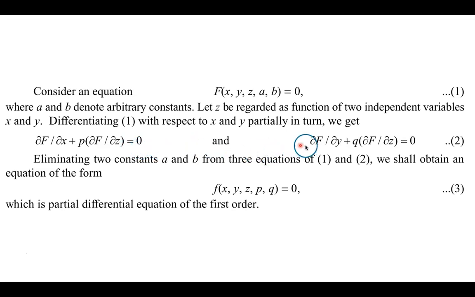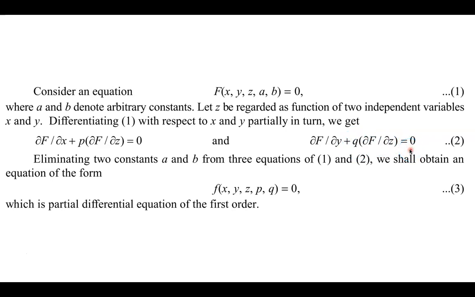Similarly, when we differentiate the relation 1 with respect to y partially, we will be getting ∂f/∂y plus ∂f/∂z into ∂z/∂y, where ∂z/∂y is denoted by q, equal to 0.